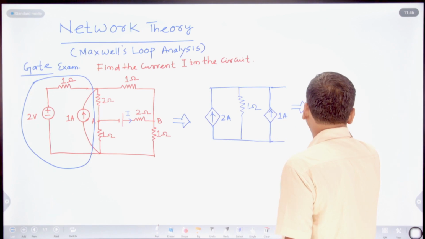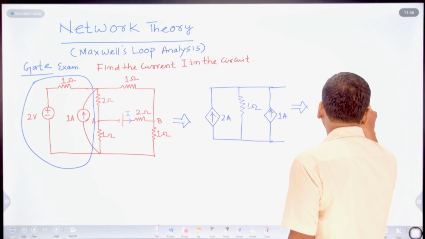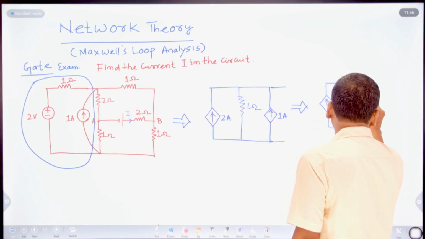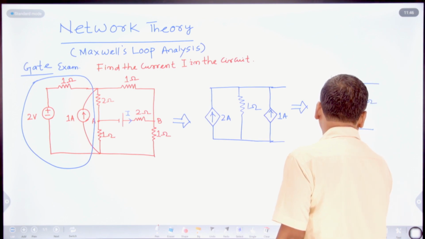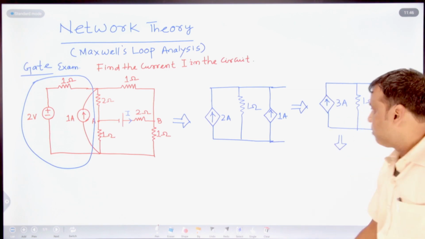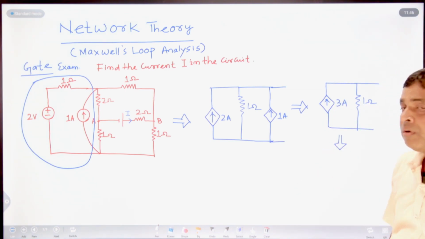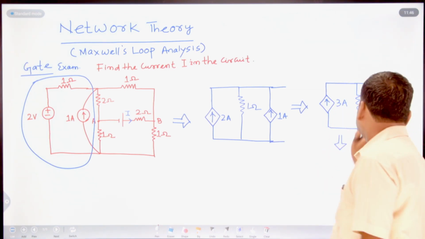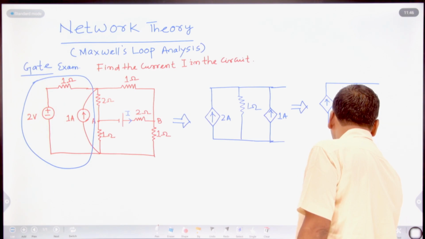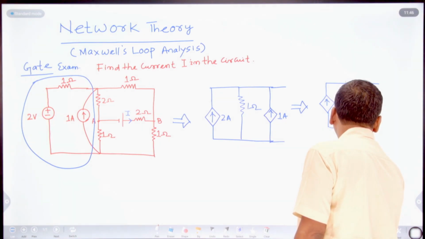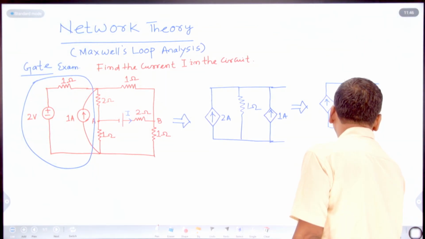Then there is a 1 ohm, and then again you convert into the voltage source. So, V equals I into R, that is 3 into 1, that is 3 volt, and 1 ohm.